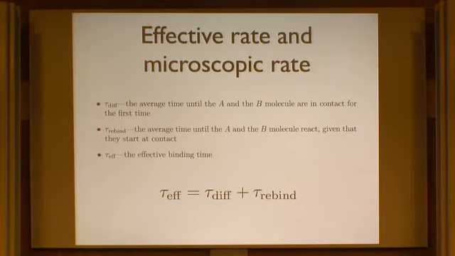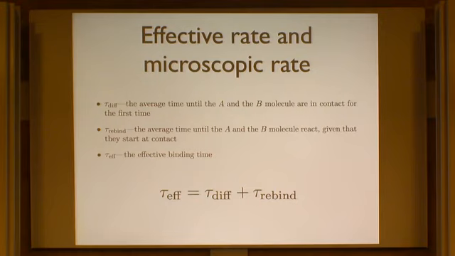That's the diffusion part of the reaction. The second part I call tau rebind. That's the average time until they react, given that they started in contact. That's exactly the rebind time: after the association, they're placed at contact. And then the effective binding time, tau effective.